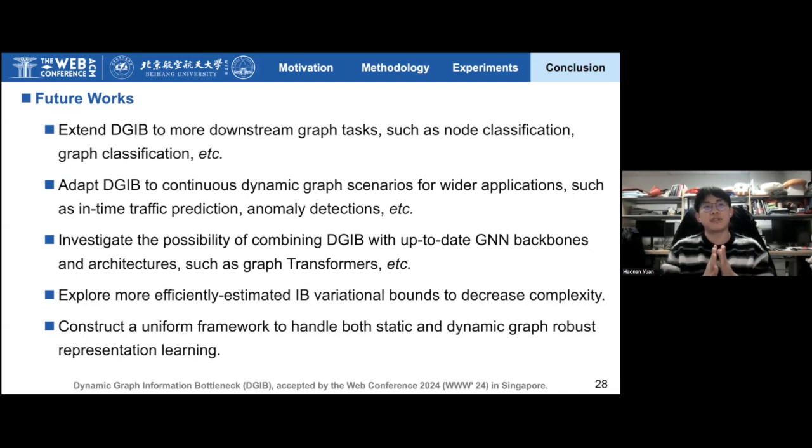So I think the easiest way is to use some sampling strategies to select some graph snapshots from the continuous part, and then we can easily adapt DGIB to continuous scenarios. As for how to go further, I have no more ideas, as I'm not very familiar with continuous scenarios. We haven't explored those models and directions much.